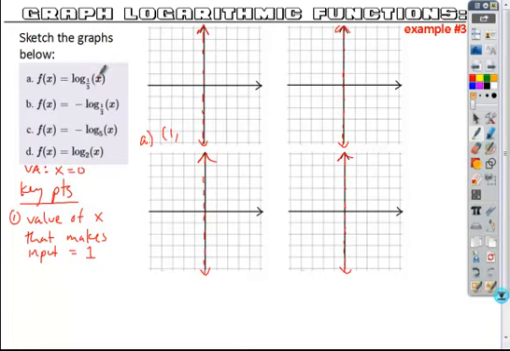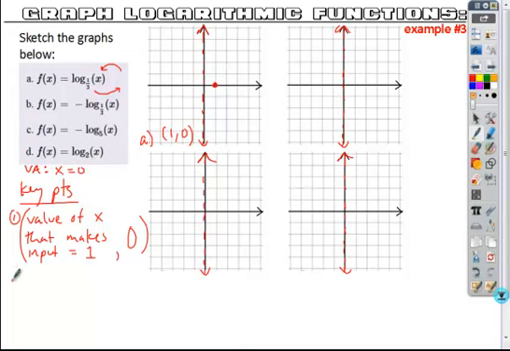If you recall how to solve for logs, if you plug in a 1 here, log base 1/3 of 1, you take 1/3 to what power to equal 1? And the answer would be 1/3 to the 0 power equals 1. Okay? So this is your first critical point. It's the value of x that makes the input 1, and then 0. So here we have (1, 0), our first critical point.